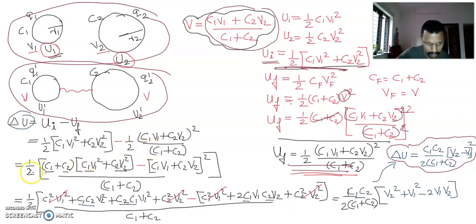If half is taken common out and this is made into a single fraction, it means we have to multiply this over to this term. We have written C1 plus C2 into C1 V1 square plus C2 V2 square, minus this term, divided by denominator C1 plus C2. Is that clear? Then we have expanded this bracket. This bracket is expanded and that's what we have written over here.